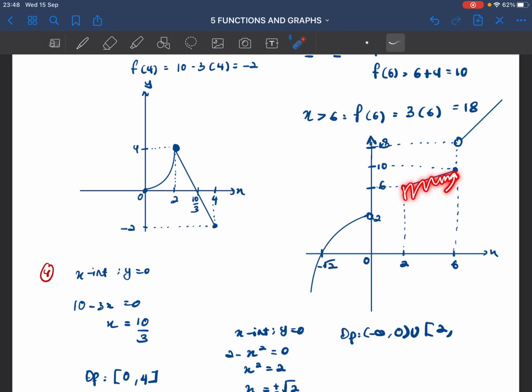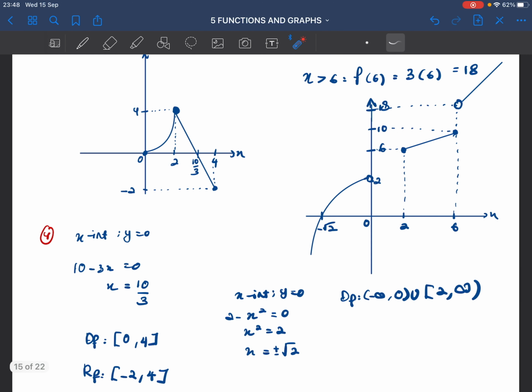Okay, memang kat sini open, tapi since 6 yang dekat sini function ni close, kita akan teruskan sahaja 2 to infinity. Okay, boleh faham ke? Sebab kat sini close, maksudnya 6 dah termasuk. Okay, so dia akan teruskanlah function kita sampai ke infinity. And last one is the range from down to up. So down is negative infinity, berhenti di 2.